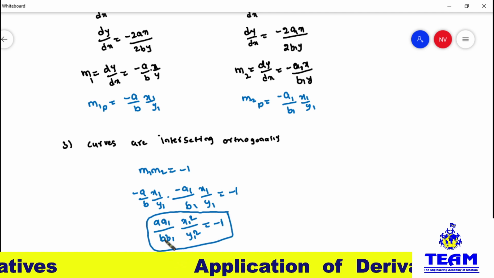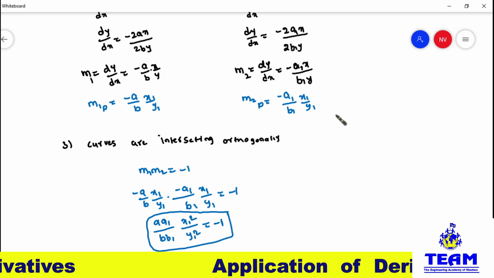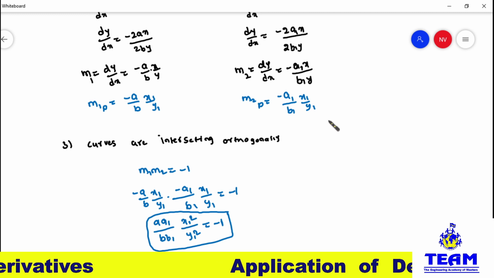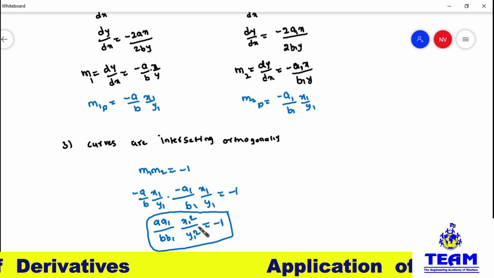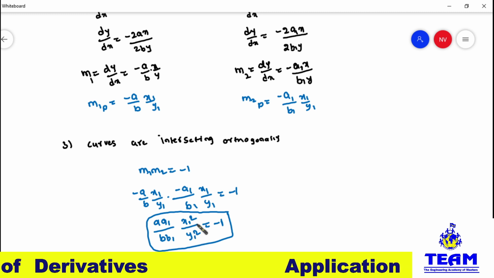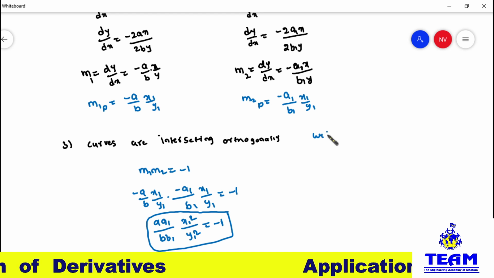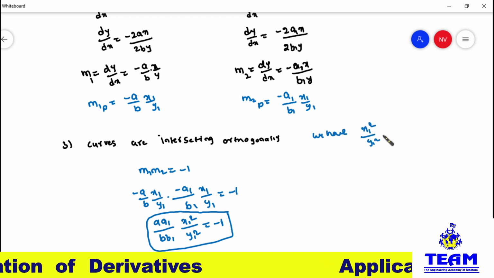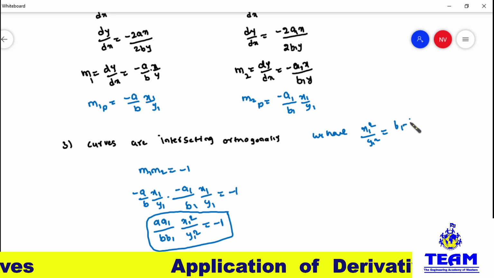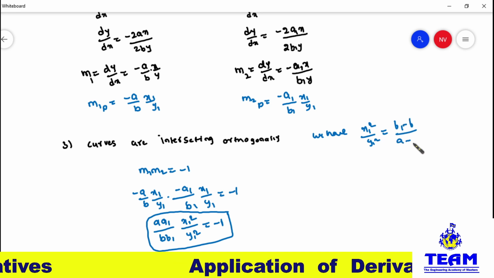But what you have to prove actually is 1 by a1 minus 1 by b1 is equal to 1 by a minus 1 by b. So you have to remove this x1 square by y1 square. From equation 1, in step 1 we have x1 square by y1 square, which is equal to b1 minus b by a minus a1.